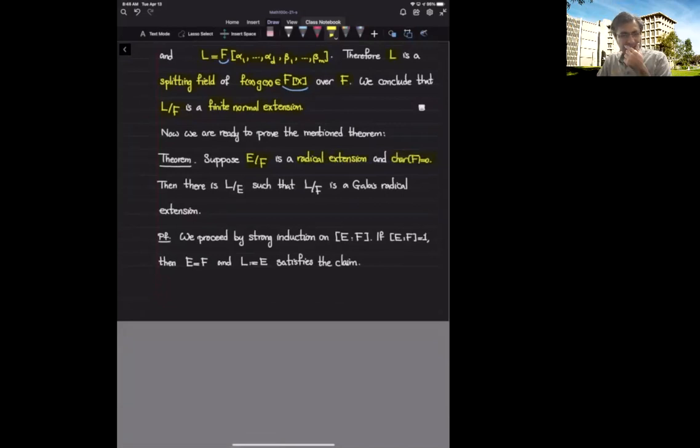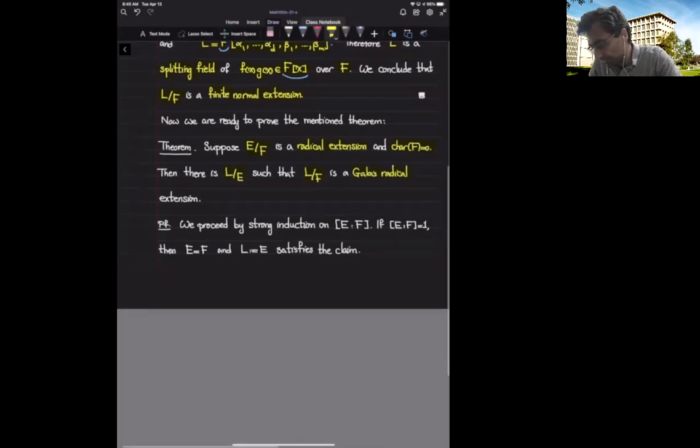So I add the assumption that the characteristic of F is 0. So E over F is a radical extension, the characteristic of F is 0. And then I can find some extension of the top part and make sure that it is Galois over the base field. Not only Galois, but also radical, Galois and radical over the base field.